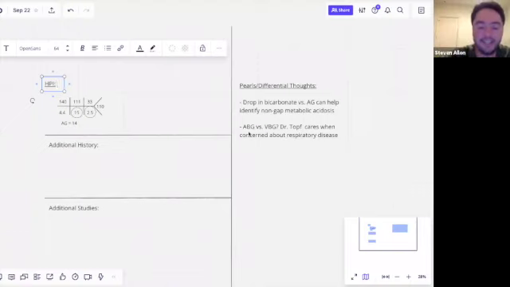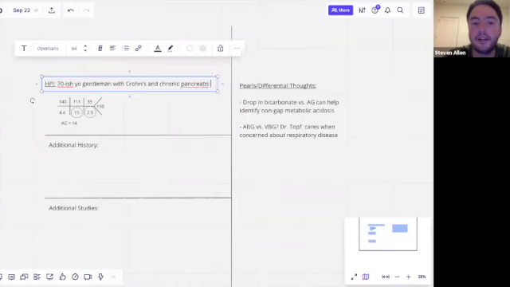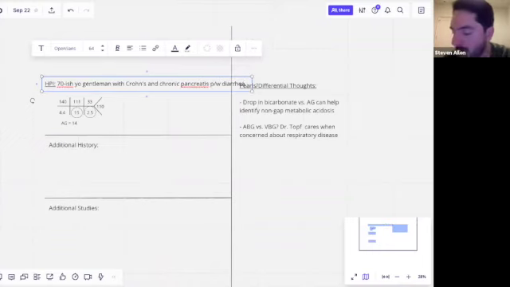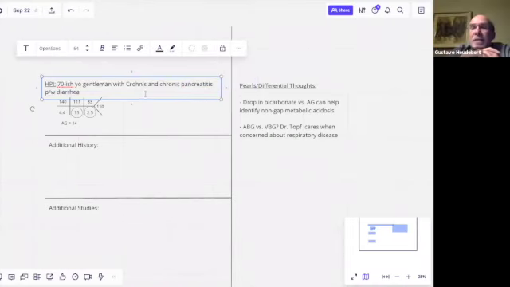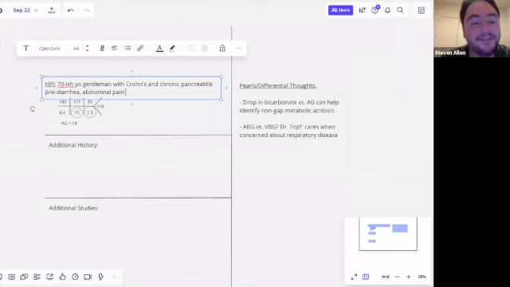So this is a 70-ish-year-old gentleman with a history of Crohn's and chronic pancreatitis, who's coming in with diarrhea for several weeks, and abdominal pain.